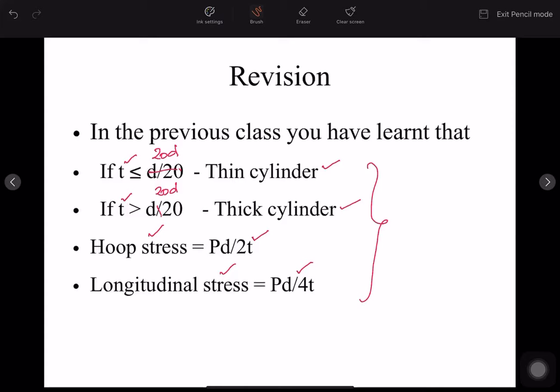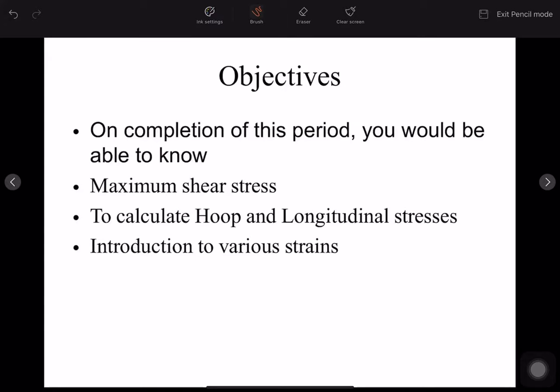In this class we'll be discussing the application of these formulae and how we can calculate the hoop stress and longitudinal stress in the form of numericals. So in this tutorial we have the following objectives to be achieved.